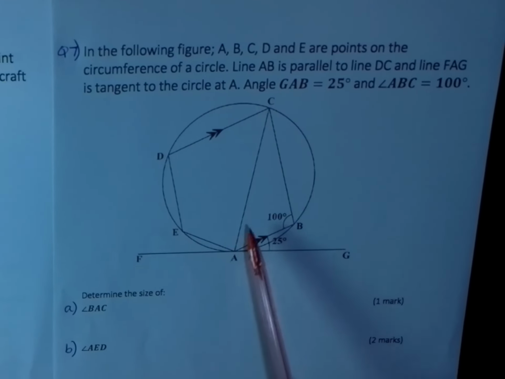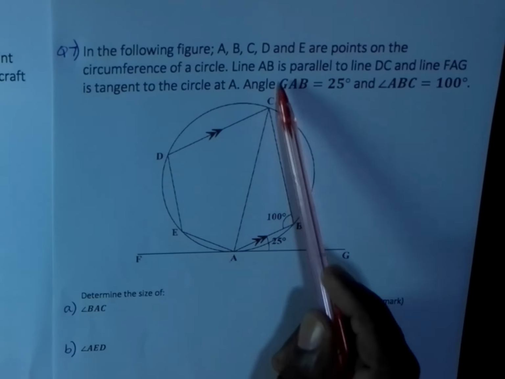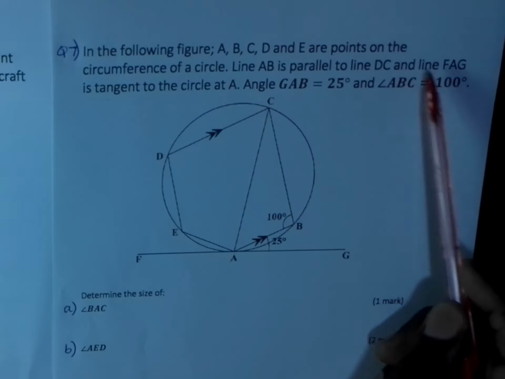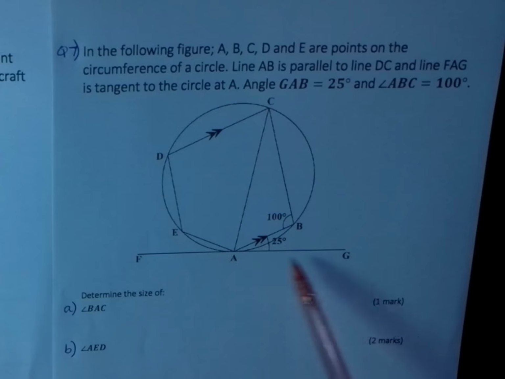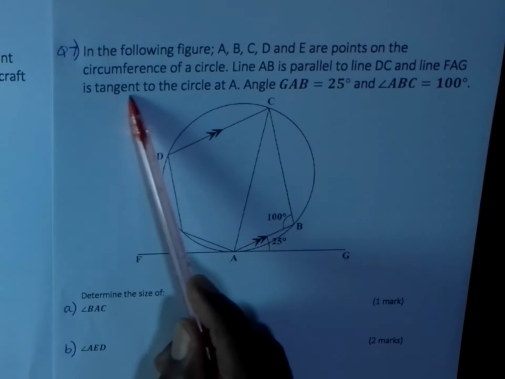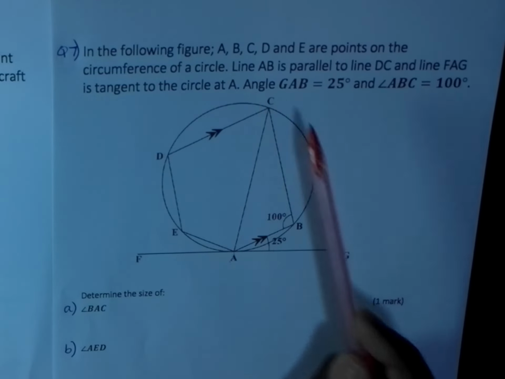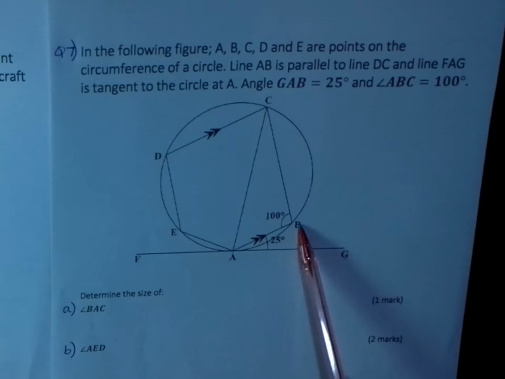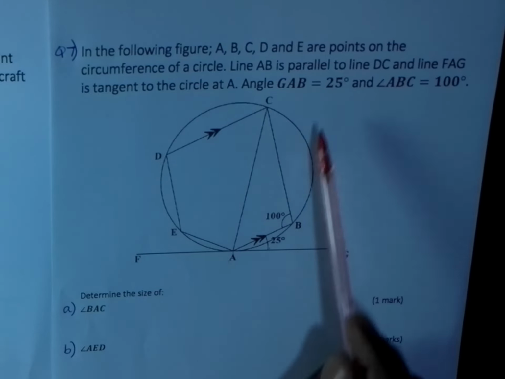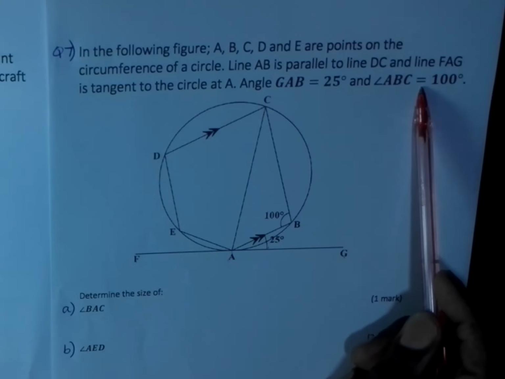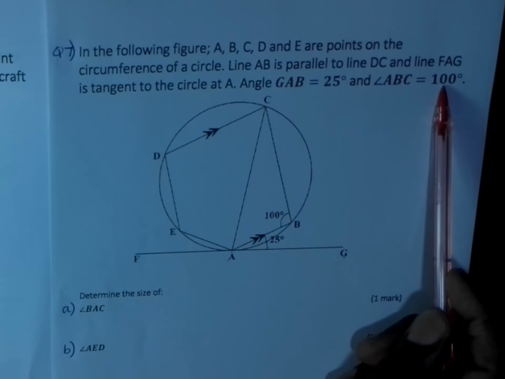Line AB is parallel to line BC, and line FAG is tangent to the circle at point A. Angle GAB is 25 degrees and angle ABC is 100 degrees.